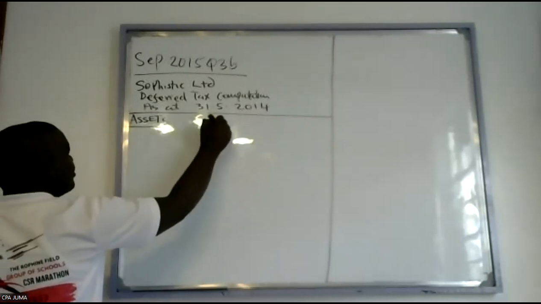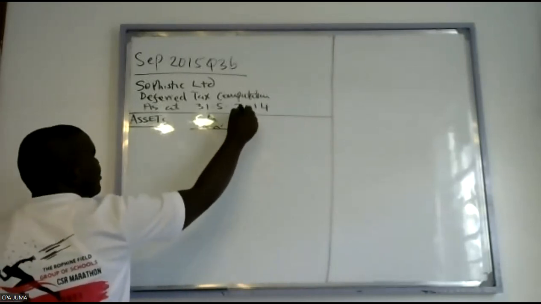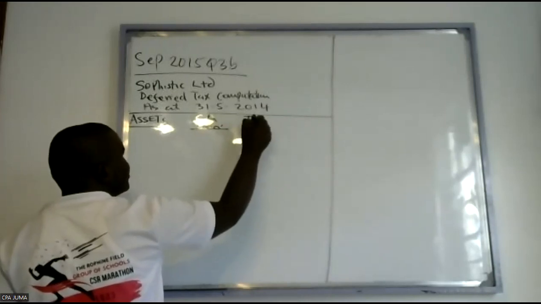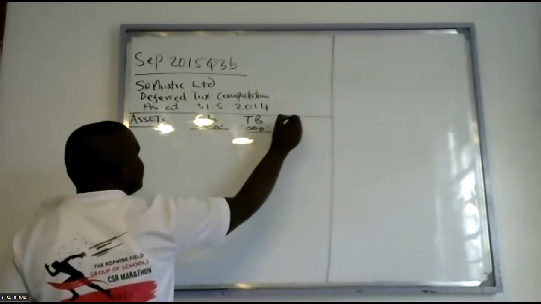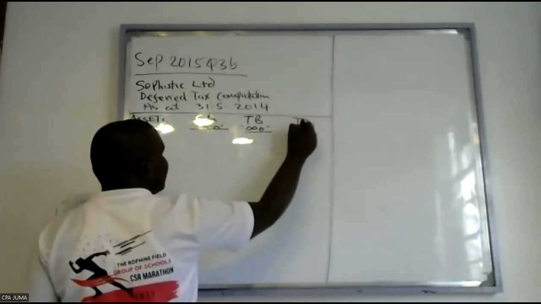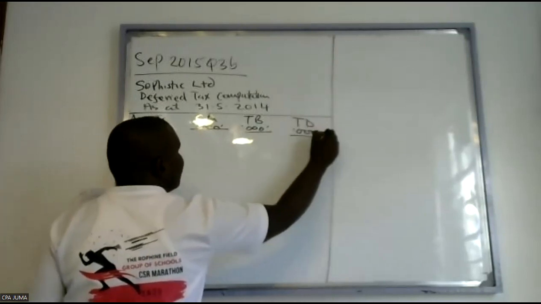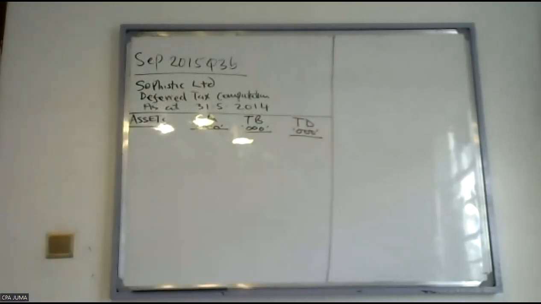Shillings are in thousands. Tax base, shillings in thousands. Temporary differences, shillings in thousands. Kindly write those initials in full. I don't want you to get used to that in the exam, it causes big problems. Next.